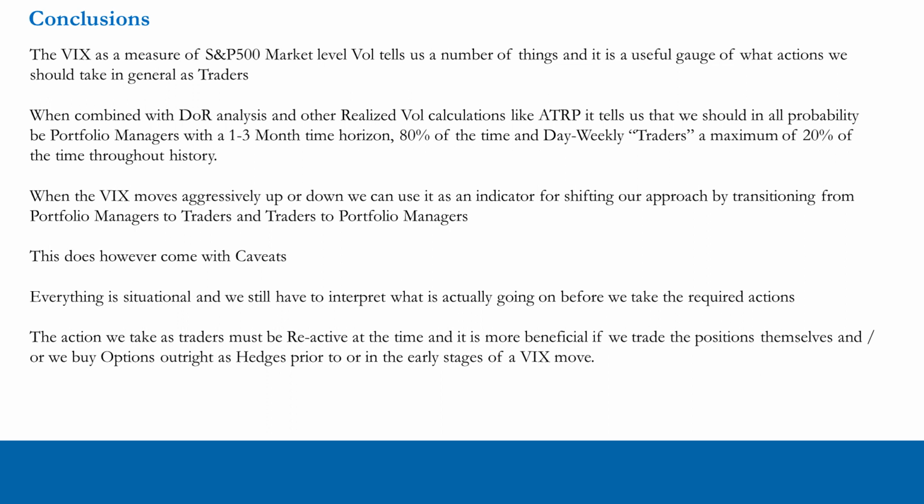So when we've calculated realized vol, it confirms the conclusions that we've actually arrived at, that we need to be in this 1 to 3 month time horizon the vast majority of time. And day traders and weekly traders are in the minority of times where they're going to be making money, getting wholesale opportunities to make money a maximum of 20% of the time.